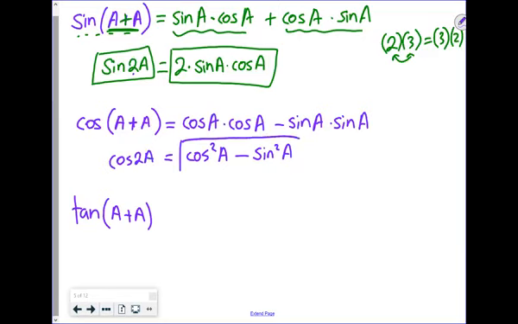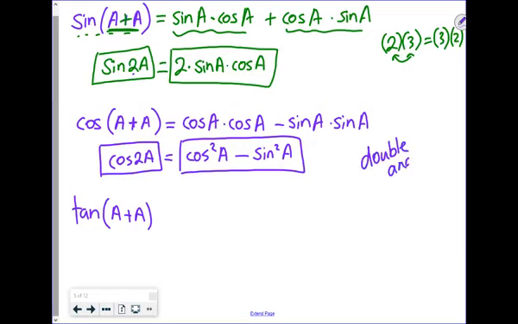If you see that tomorrow, know that it's the same as this. They're called double angle identities. We're going to be working with them in a lot more detail next week. We're not going to do much with them tomorrow.